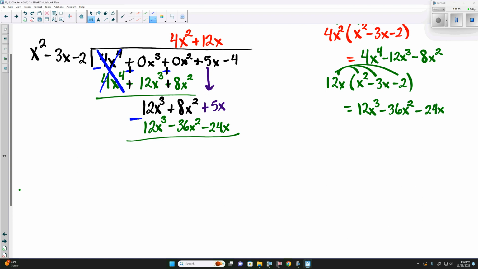And again, we're going to subtract. 12x cubed minus 12x cubed is 0. 8x squared minus negative 36x squared: negative and negative would make a positive, so 8x squared plus 36x squared is 44x squared. 5x minus negative 24x, again negative and negative would make a plus, giving us plus 29x.